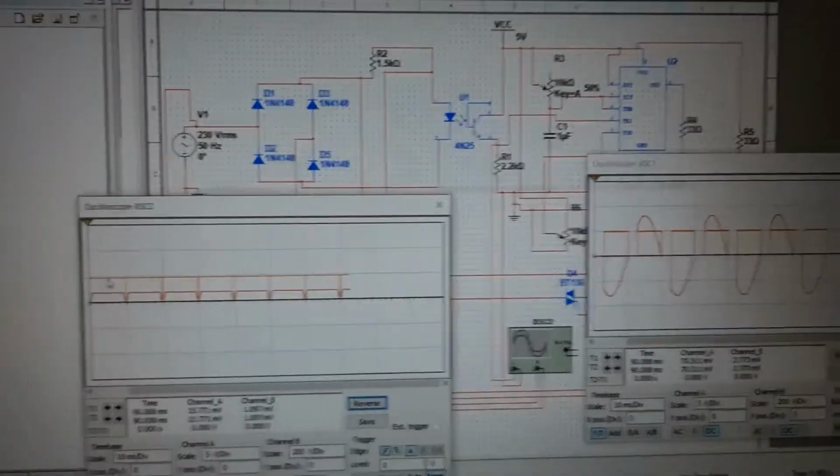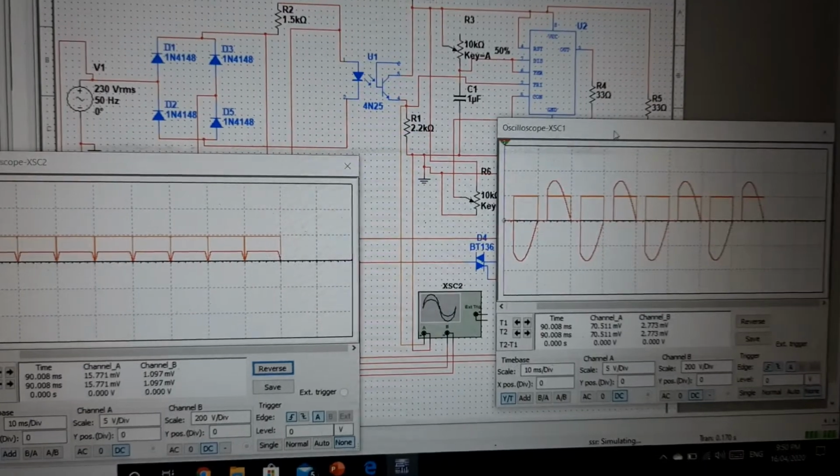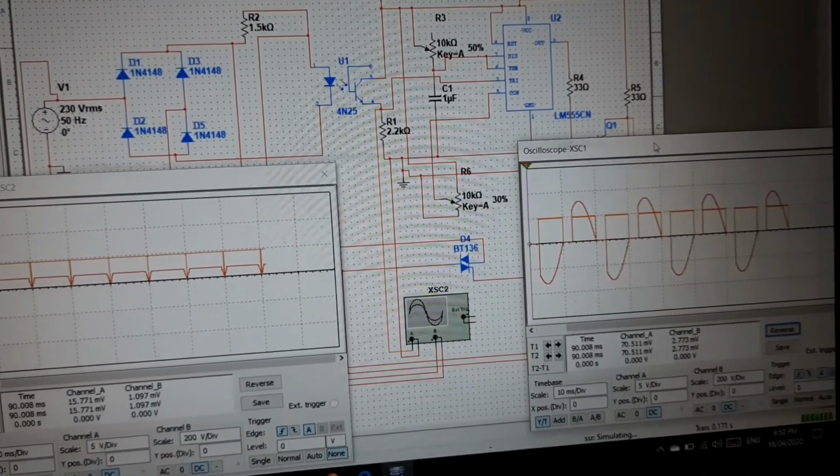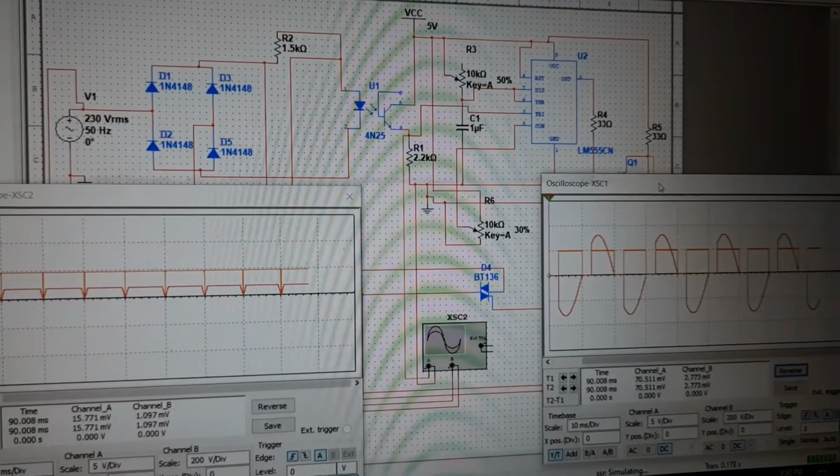The other graph shows the tappings across the load and the 555 timer IC.